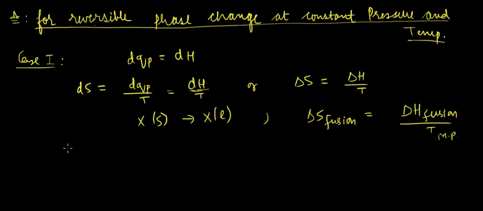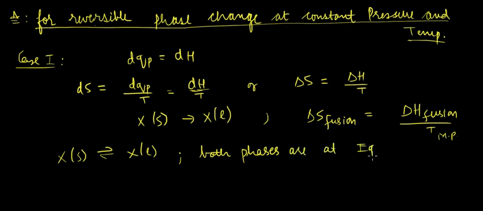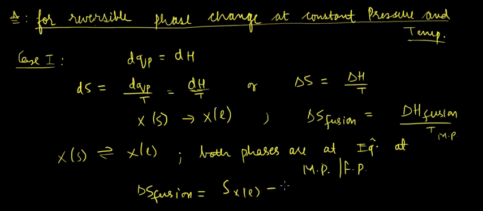Now in the case of equilibrium, when both the phases coexist, as both phases are in equilibrium at melting point or freezing point, we can write delta S fusion would be equal to S of Xl minus S of Xs.